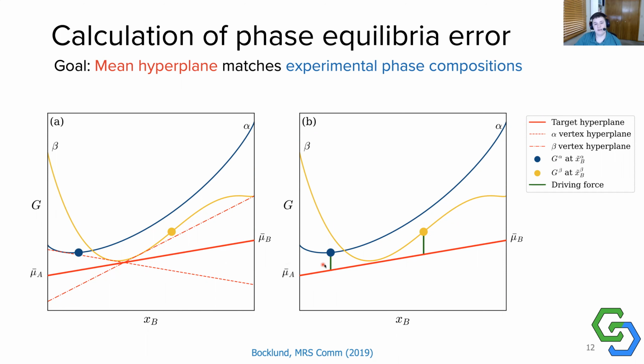And then the second step is we want to compute the likelihood. And so that is the driving force of these constrained single phase energies to the hyperplane. And so you can see that for this case here, there is some driving force. And so in the limit of convergence, the hyperplane here will have 0 driving force.